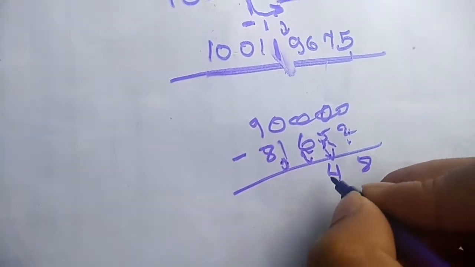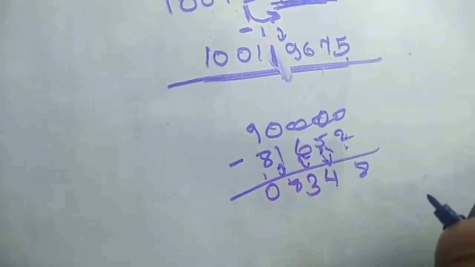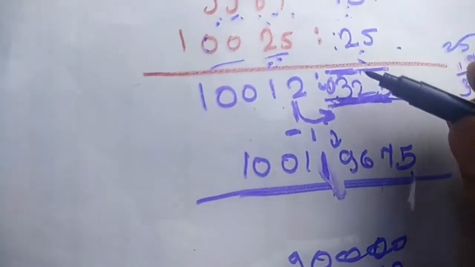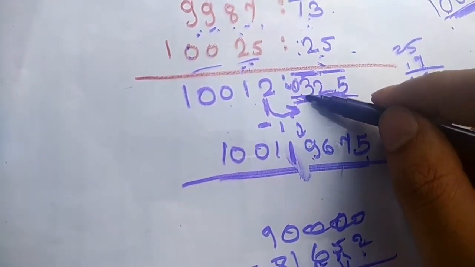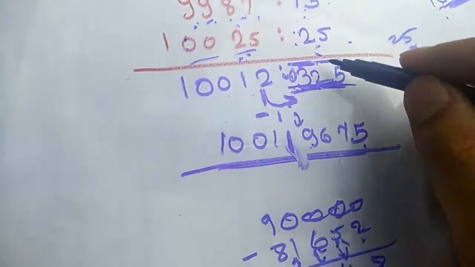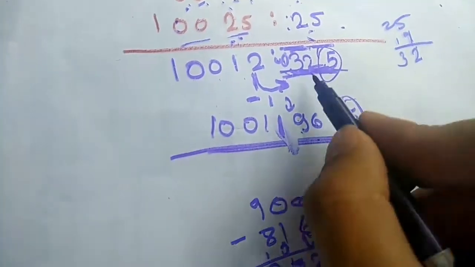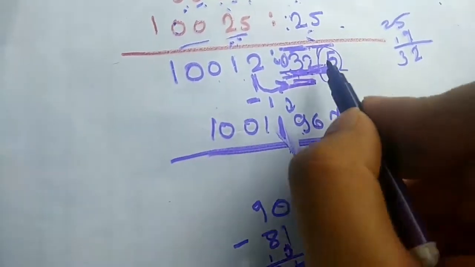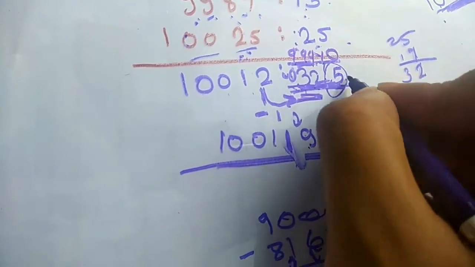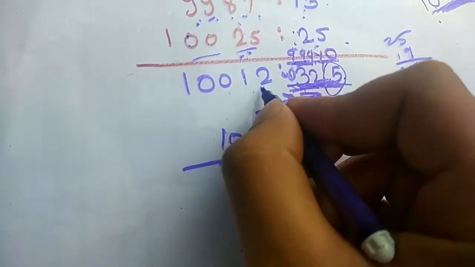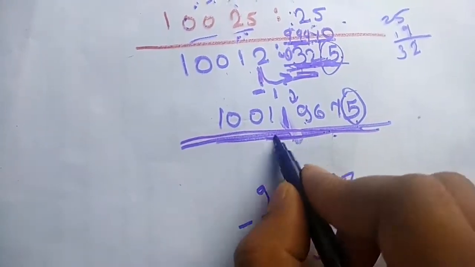So it should be 4, 3, 4, 8. The front figures we subtract from 9, but the last figure we subtract from 10, and remember here it should be minus 1. So we will get that as our answer.